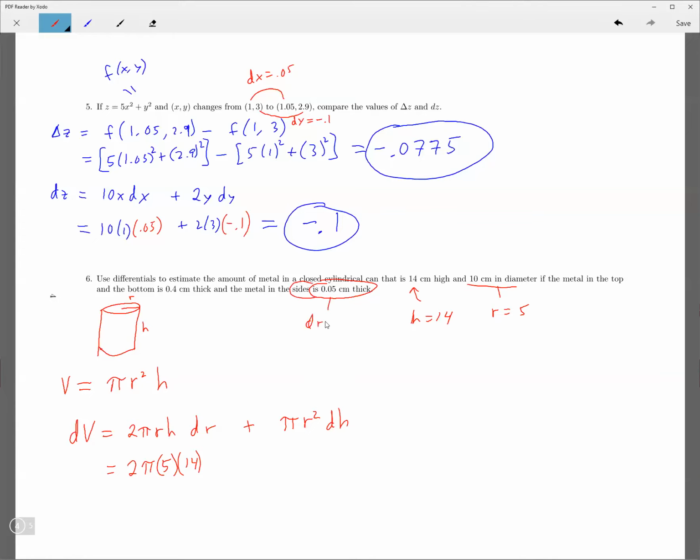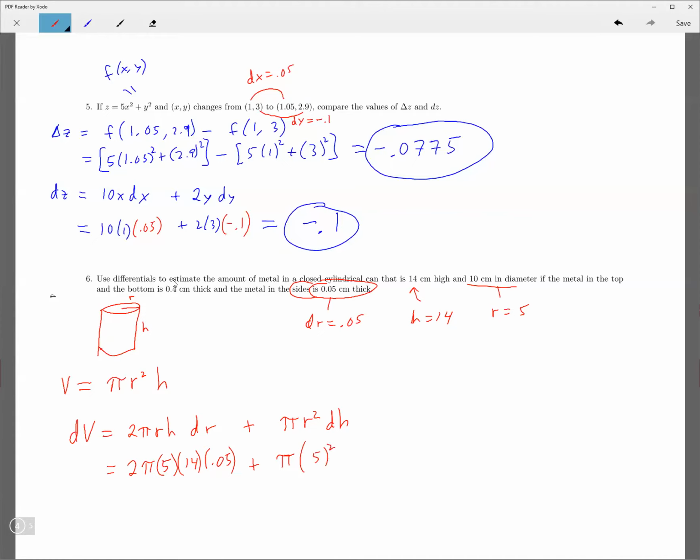So that means for dr, we're going to use 0.05. And again, r is 5, so we're going to use a 5 for that one.